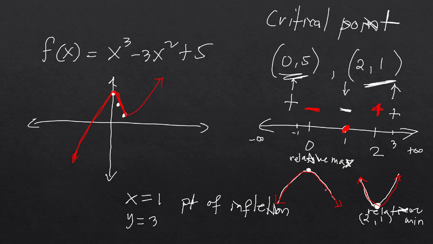And aside from that, using the second derivative test for the concavity of your function, from negative infinity to 1 here, your function is concave down because the second derivative is negative. And from the 1 here until positive infinity, your function is concave up.